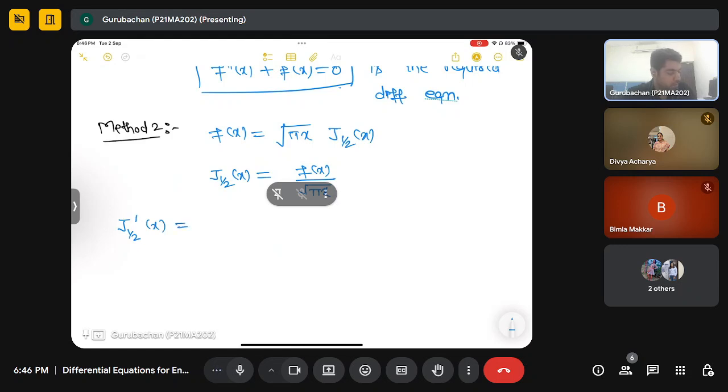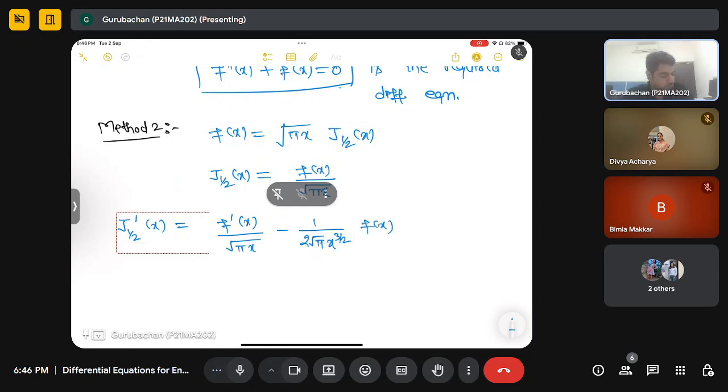Its derivative will be f dash x divided by root pi x minus 1 by 2 root pi x to the power 3 by 2 f(x).